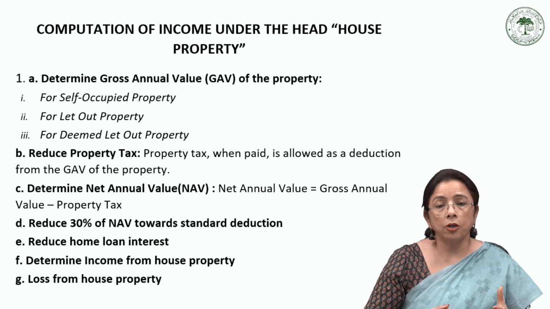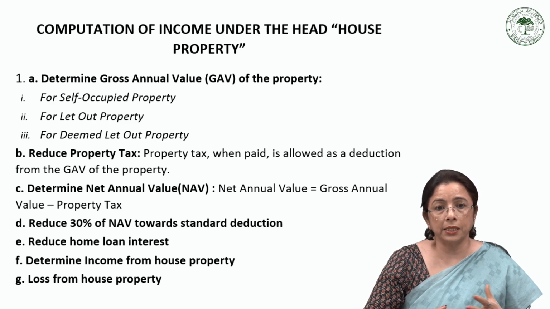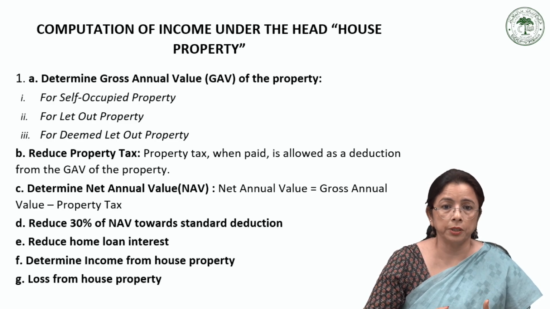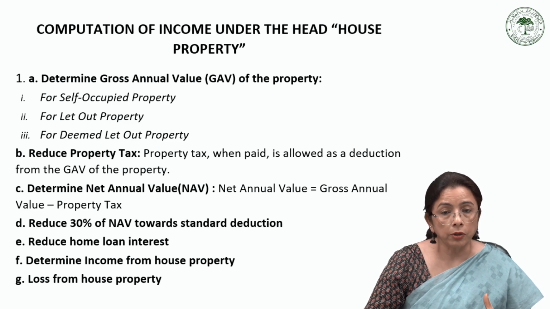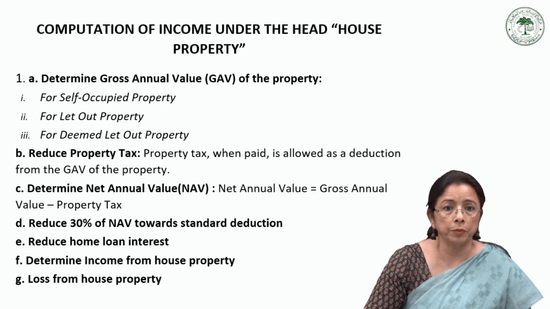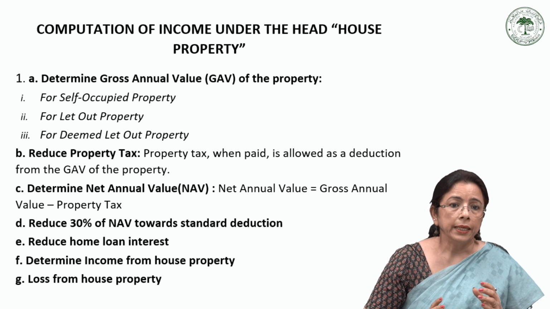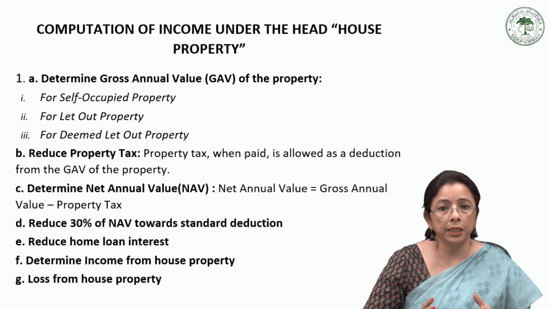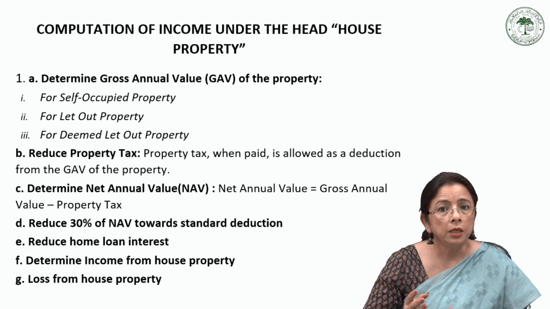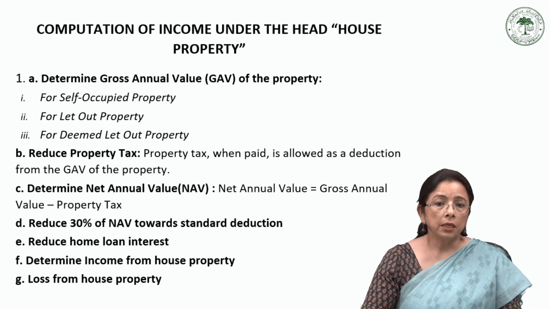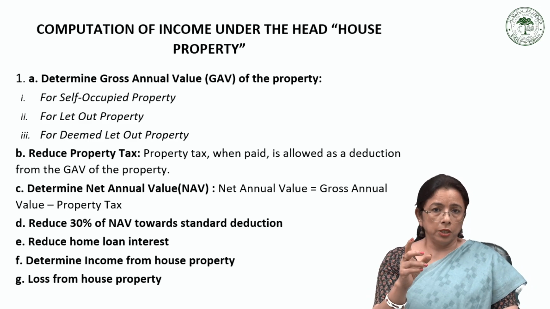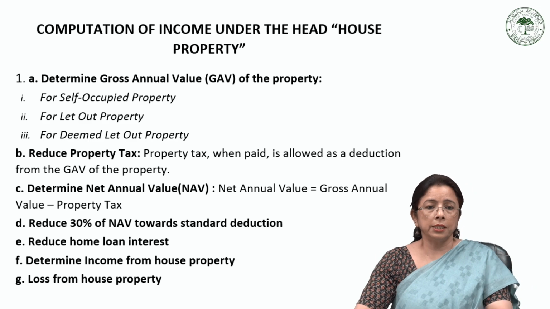If it is a let out property, then we have to calculate the rent of that property, and the gross annual value will be computed systematically. And for deemed let out property, the gross annual value is the market value of the rent that is received. So there is a procedure, we'll be following this and we'll understand it.